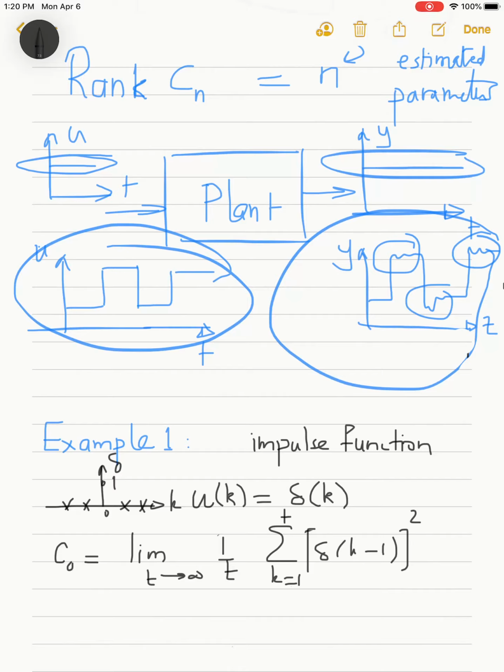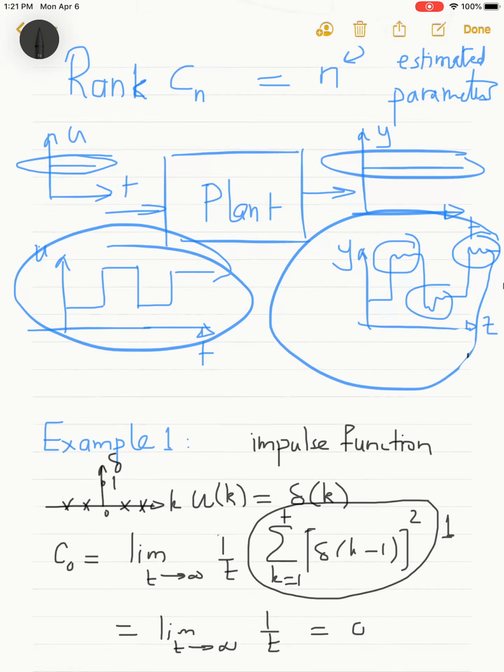And since the delta function is only 1 at k-1 equal to 0, which is k equal to 1, then the whole summation here would be just equal to 1. And then the limit will be the limit as t goes to infinity of 1 over t, and that will be 0.